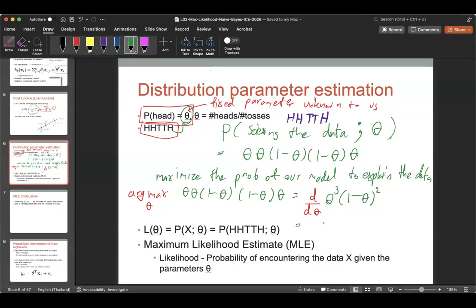Anyone remember this for the rule, right? Now this one plus this, right?